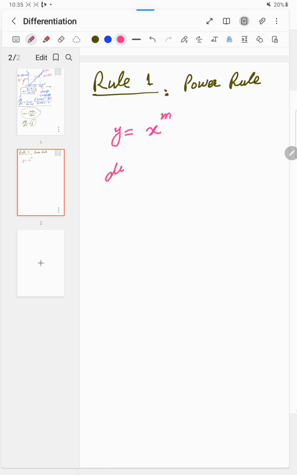So it becomes dy over dx, and here we apply the linear operator, the differential, to x raised to the power m. Now we can write it as y prime, or you can write dy over dx as it is.